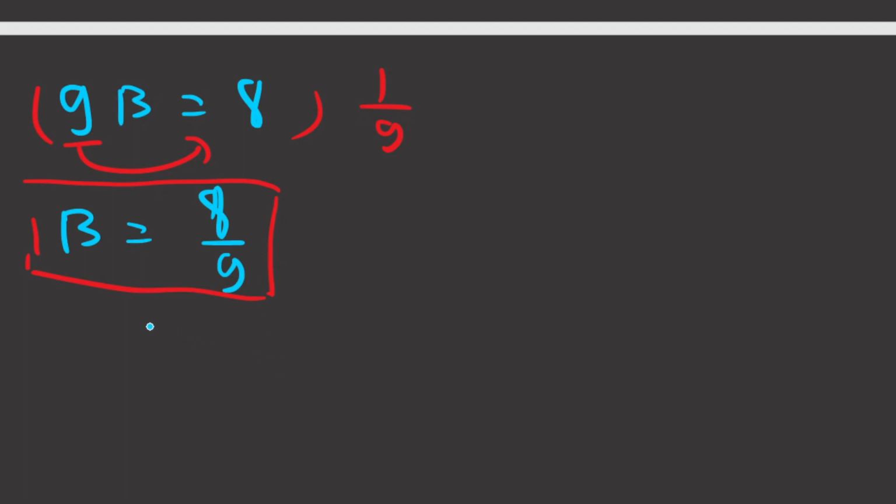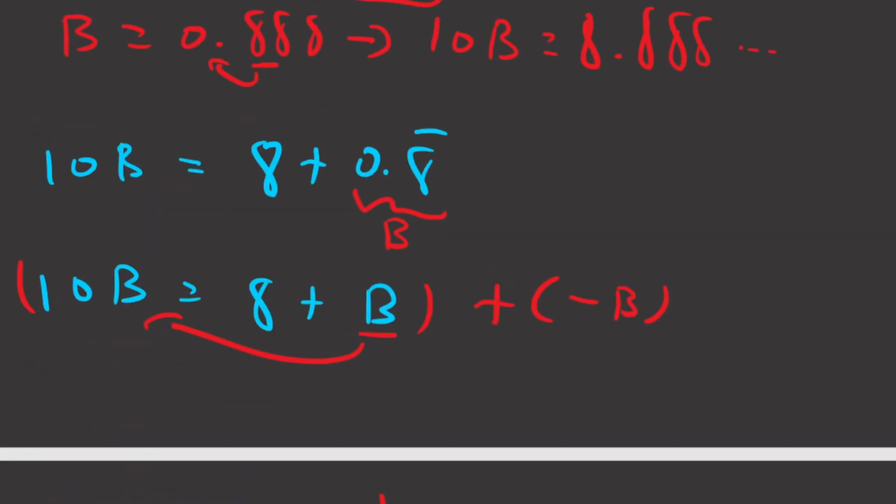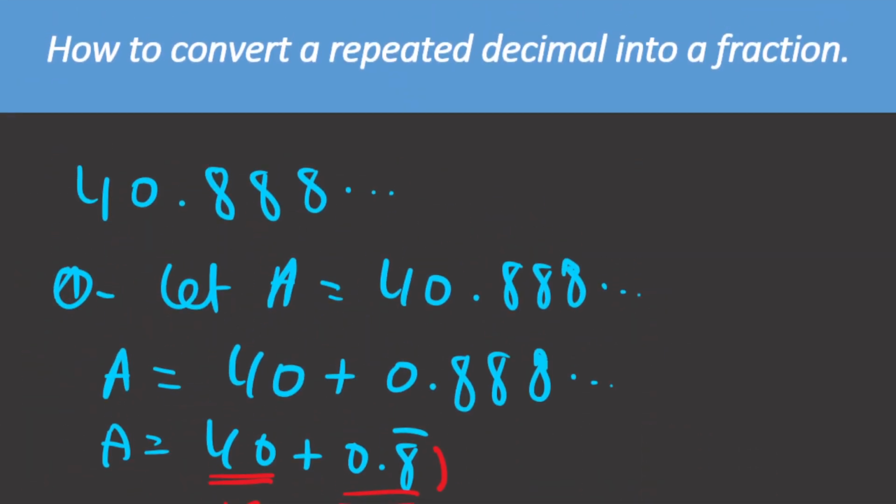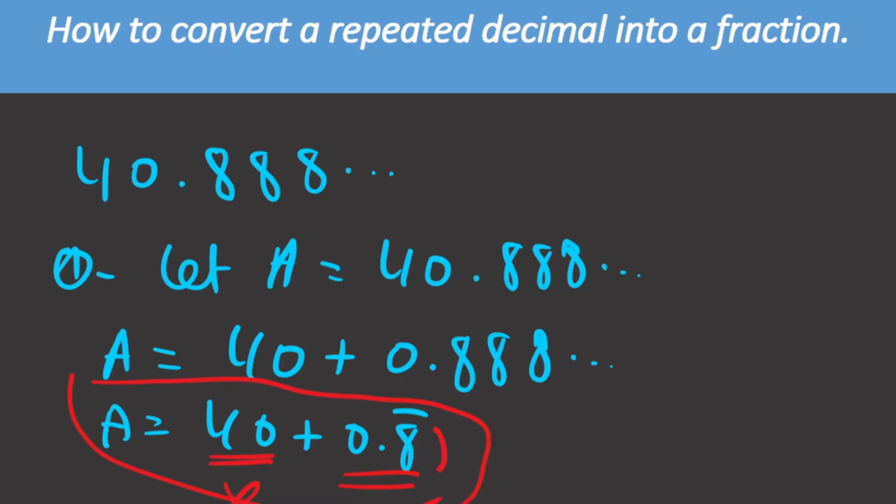If you remember, we had 40 plus 0.888, so a was equal to all of this. So 40 plus 0.8 bar, which is b, and we write it as 8 over 9.